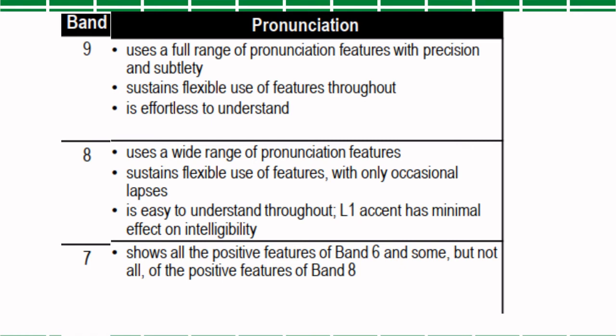For band 8, the candidate uses a wide range of pronunciation features, and is easy to understand throughout their speech. For band 9, the candidate is effortless to understand and uses a full range of pronunciation features with precision.